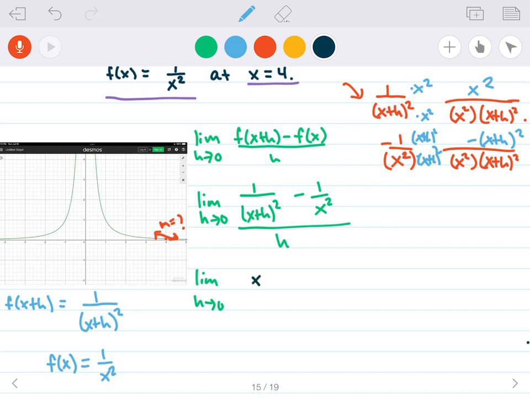So this is going to be x squared minus x plus h squared over that common denominator, which is x squared times x plus h squared, all over h.